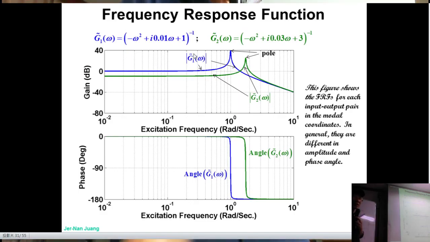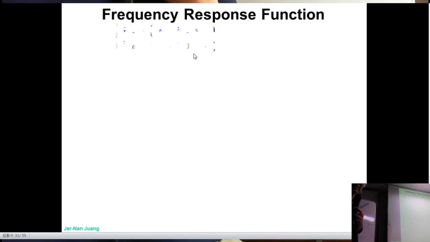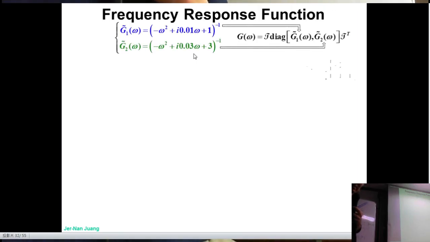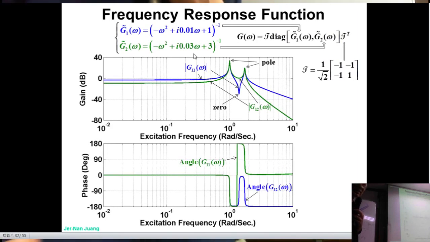So when you look at the plots, you want to ask, do I want to see the plots in physical coordinates or in modal coordinates? Now, any questions? Do you understand a little bit about modal coordinates now? All right? Looks good? Are you comfortable about it?